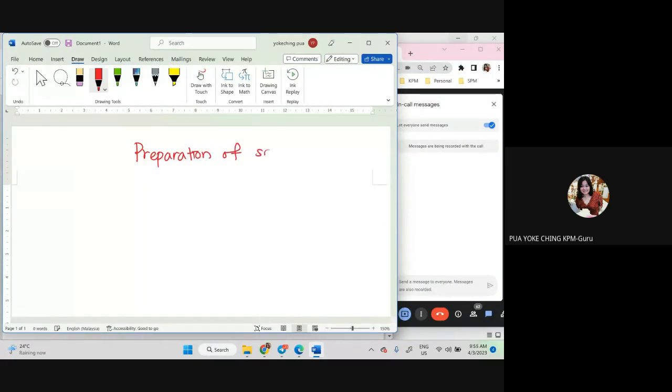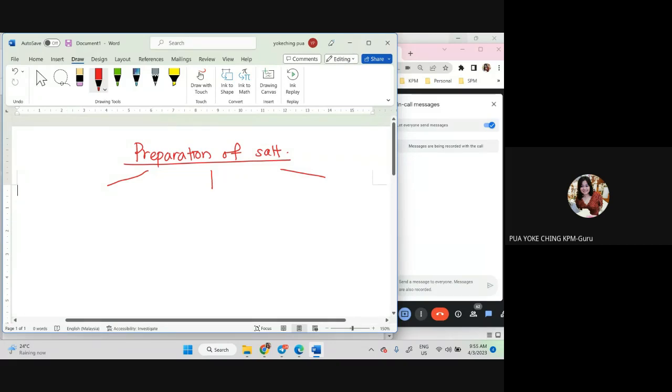This is a chapter that students are rather afraid of, where you need to be very sure of every aspect. For preparation of salt, you must hold the concept firmly. That means you must know solubility very strongly, and you must remember the methods, especially in objective questions, where it can become ABCD and ask you to choose.